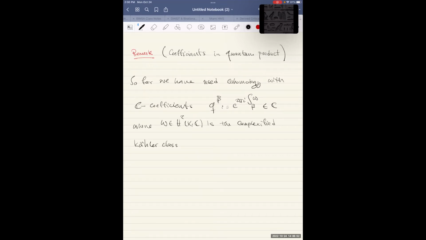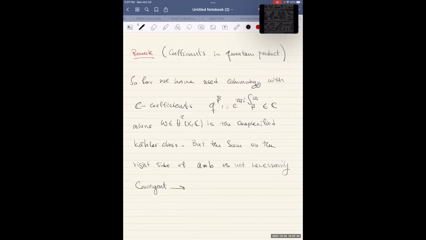But we saw that this could be a problem, because the sum on the right side of A star B is not necessarily convergent. We discussed this briefly before. We need to use a formal sum, really. So what is the remedy?